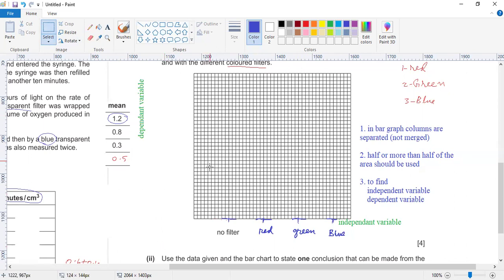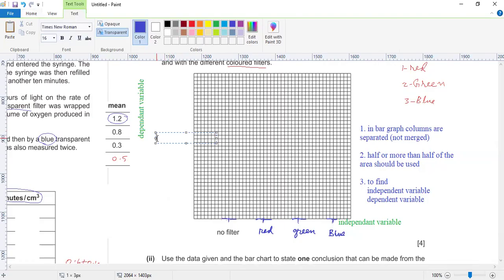Now see, when there was no filter, it was 1.2 centimeter cube. So what is the variable? We should mention what we are using here. Here we are using volume of oxygen gas collected.